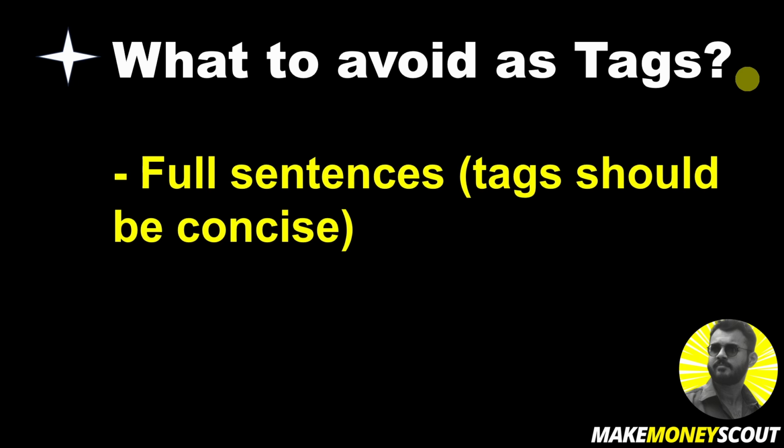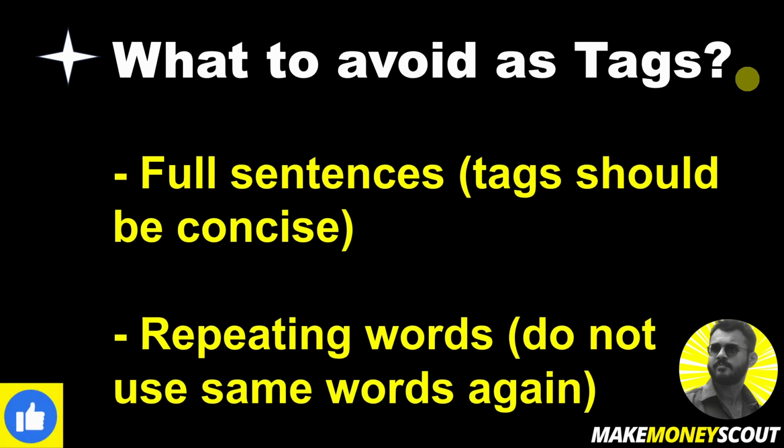The other thing to avoid is the use of full sentences. Your tags should be concise and should be a maximum of 3 words. The next thing to avoid is the repetition of words. You do not have to use the same word again and again.